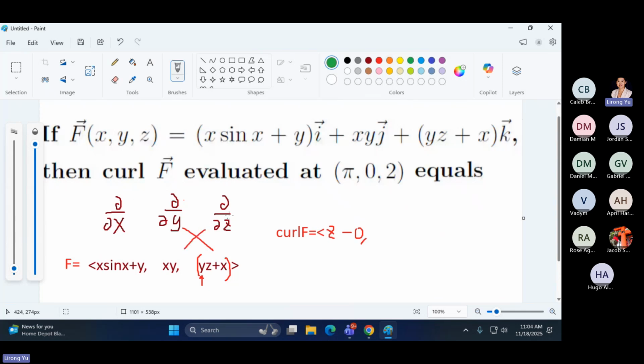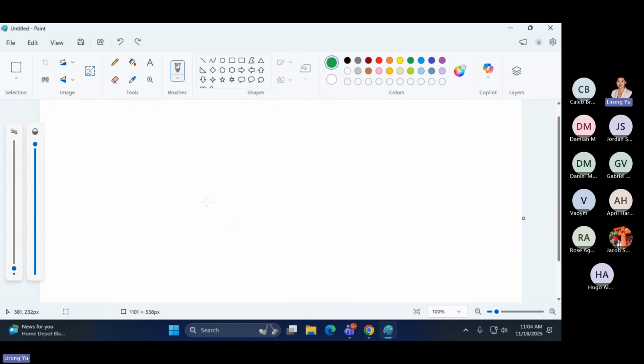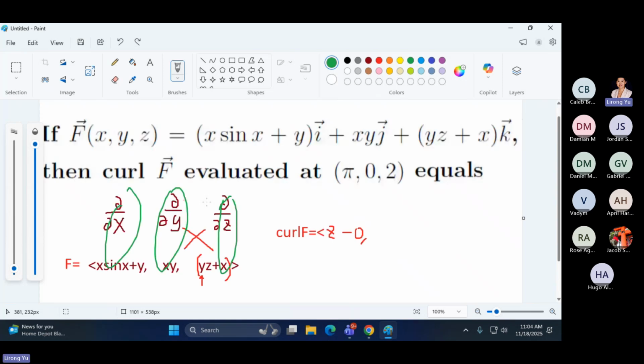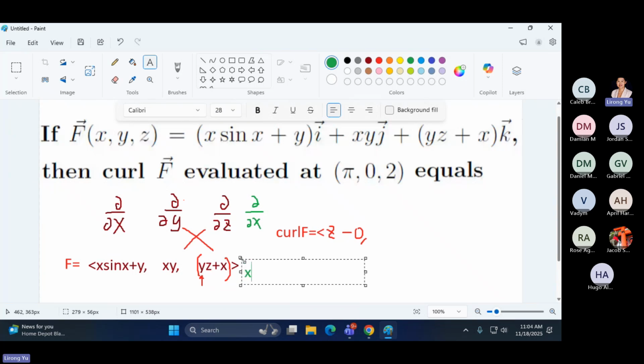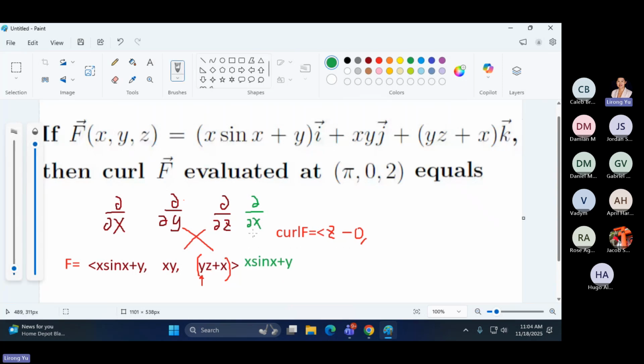The second component is we combine this column with this column because there's something in the middle. So we move the last column right next to the first column, x sine x plus 1, so they can also combine and subtract.